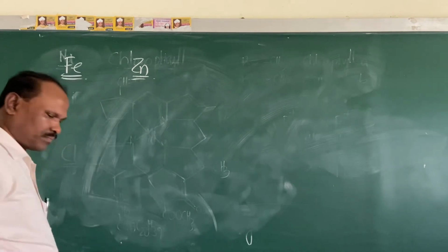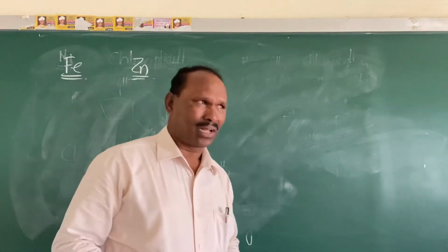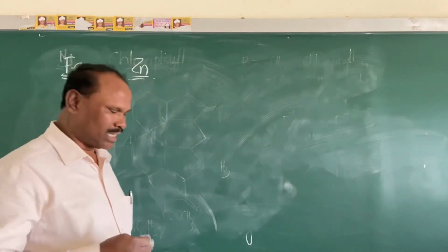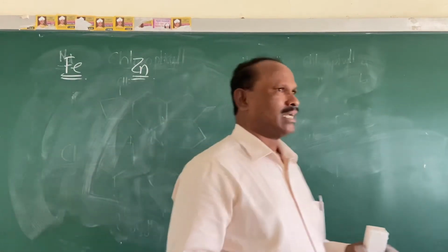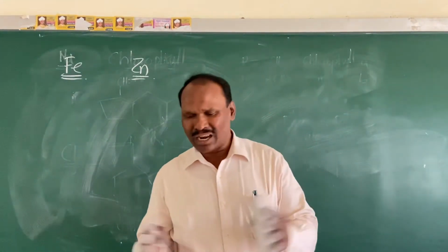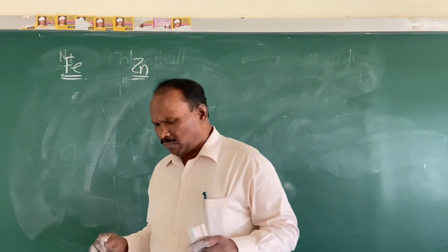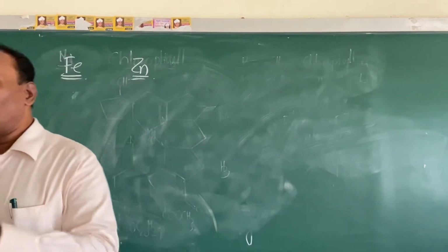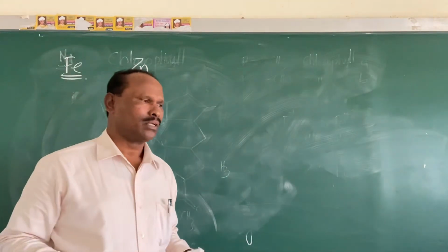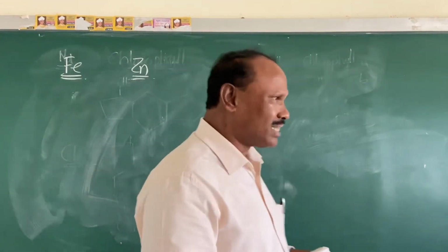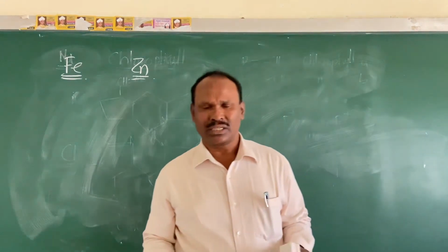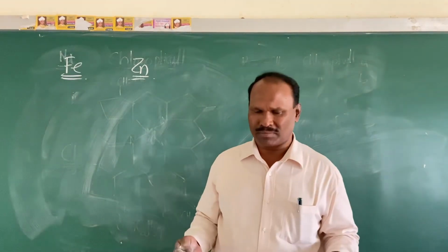The role of zinc in the biological system. Zinc is present in every cell of our body. It is an essential component in all the enzymes. Zinc is required to increase our immune system.